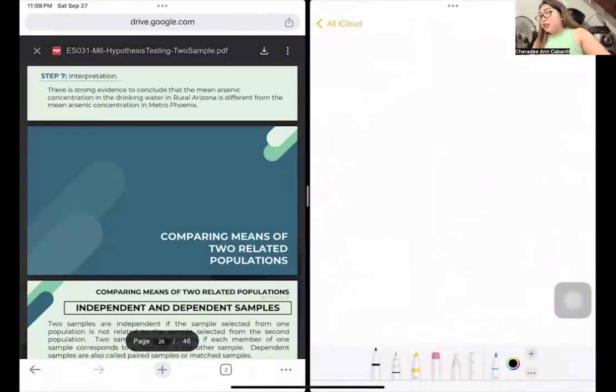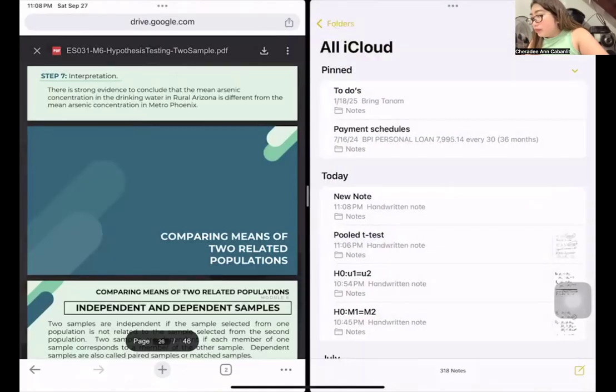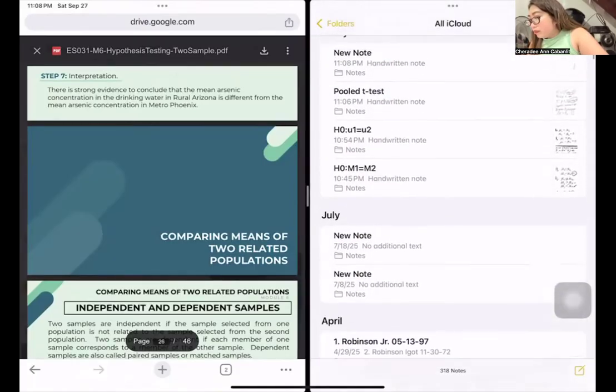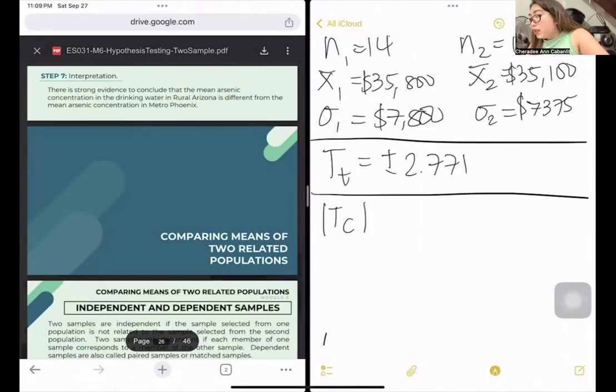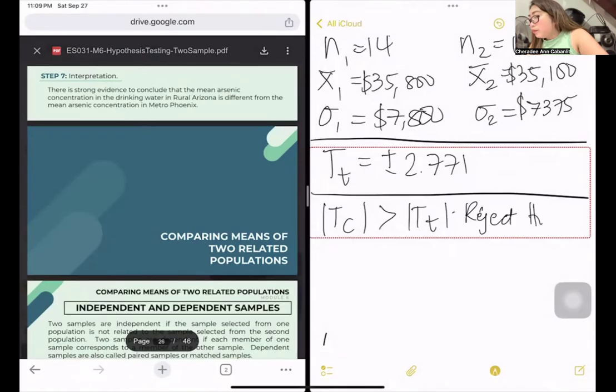Okay, so let's have the table value. Let's continue. That's plus or minus 2.771 because it's two-tailed. Next, same rule: if T computed is greater than the T table value, reject H0.